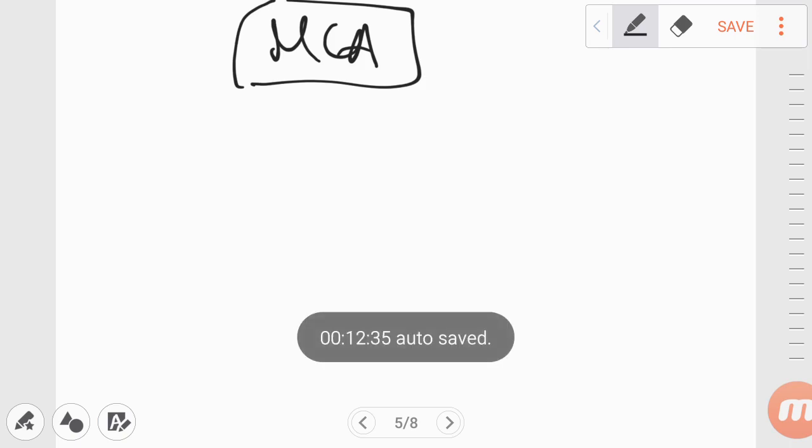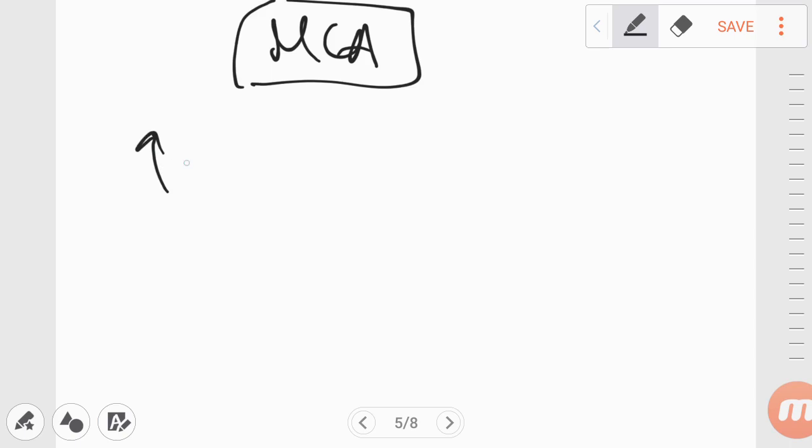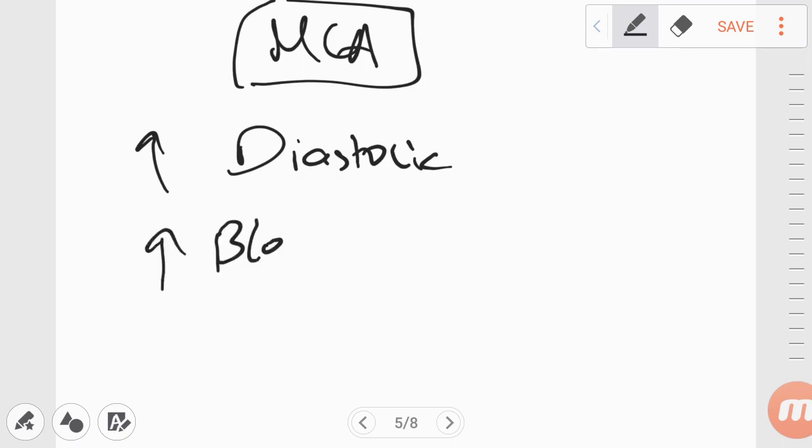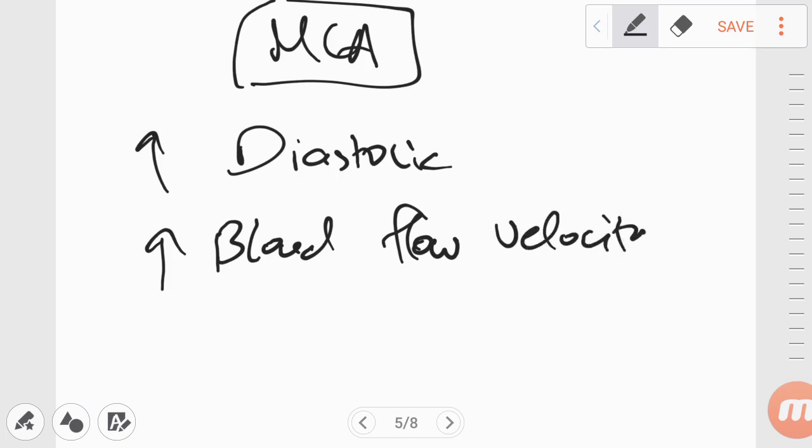And thus what you see is an increase in the diastolic blood flow, and you also see an increase in the overall blood flow velocity in the middle cerebral artery.